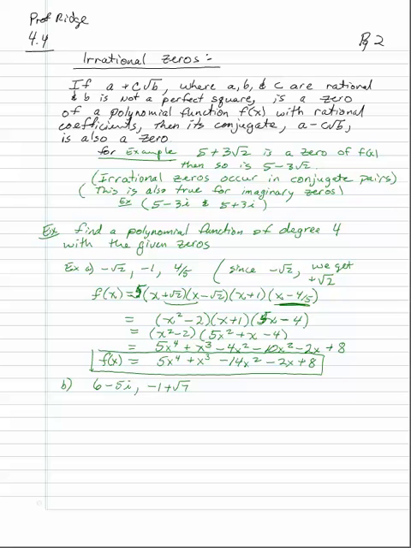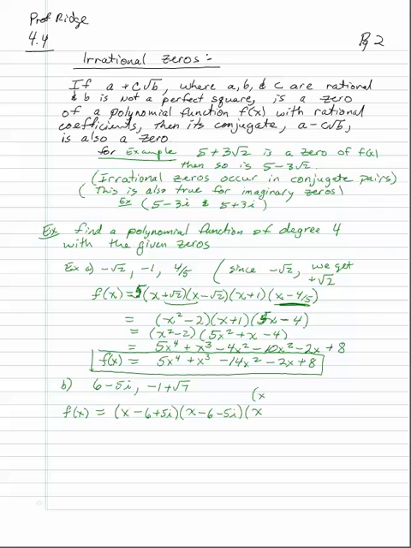Okay, so on this one, we're going to get the x minus, now remember this is in parentheses, so you distribute it, so it'll be x minus 6 plus 5i, and then you get the conjugate, so it'll be x minus 6 minus 5i, and then the x minus a minus 1 plus square root of 7.